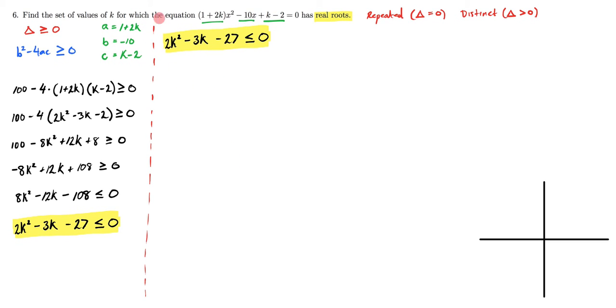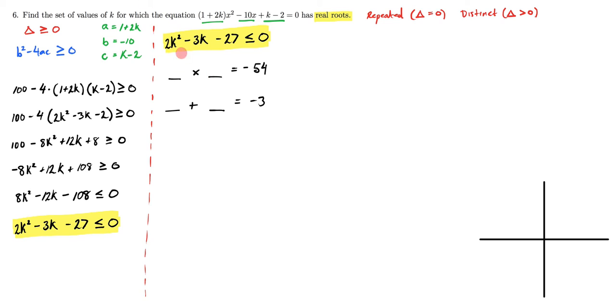So I'm going to times this number, 2, by 27, and I need two numbers that when I times them together, I'm going to get negative 54. And when I plus them together, I get my middle term, which is negative 3.